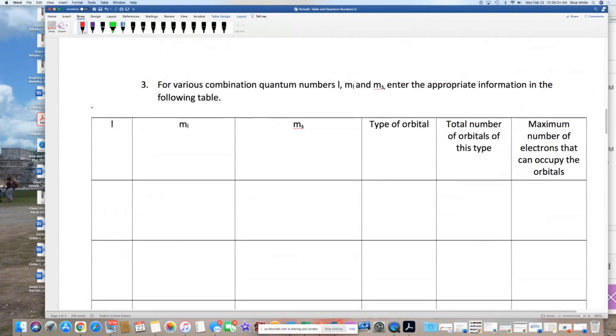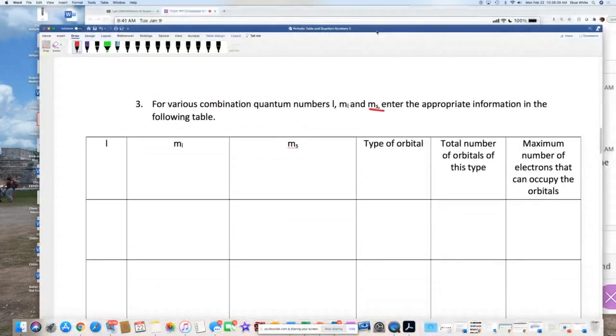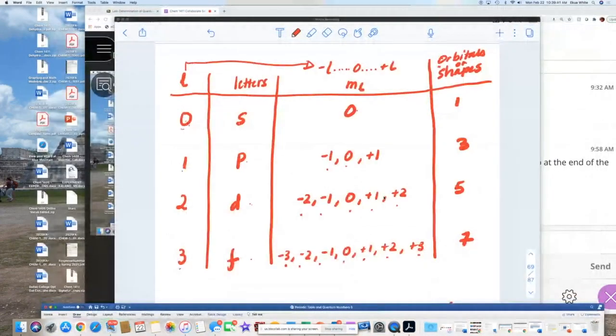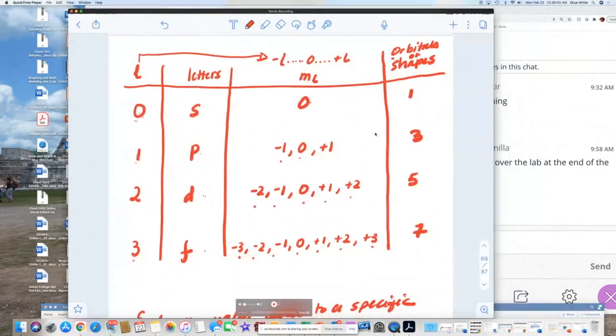Okay, this one here, it says, for various combinations of quantum numbers L, M sub L, and M sub S, enter the appropriate information in the following table. Oh, I just realized we haven't gone over M sub S. My bad. Let me go over M sub S and then we'll come back to that. Because we'll only be able to answer everything except for M sub S.